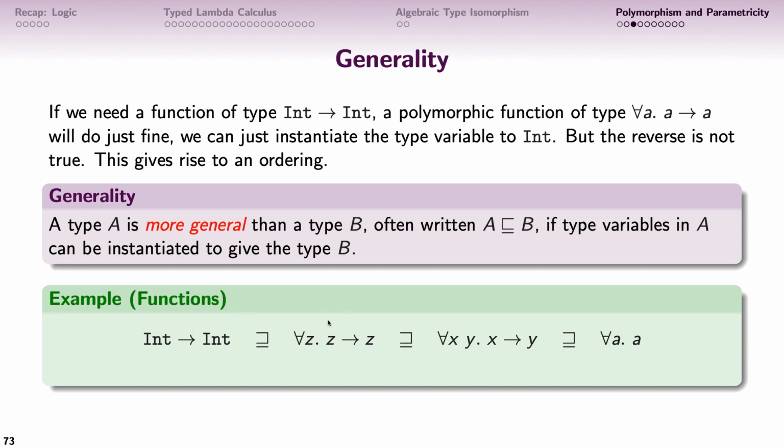And this is in turn less general than for all x, for all y, x to y. I could replace both x and y with z, and I would get this type. So this is more general, and this type is less general. Then just for all a, I could replace a with x arrow y, and I would get this type. So this is the most general type in this list, and this is the least general type.